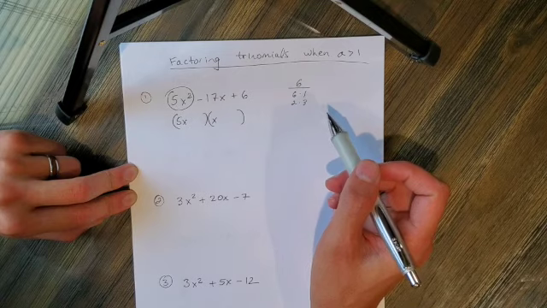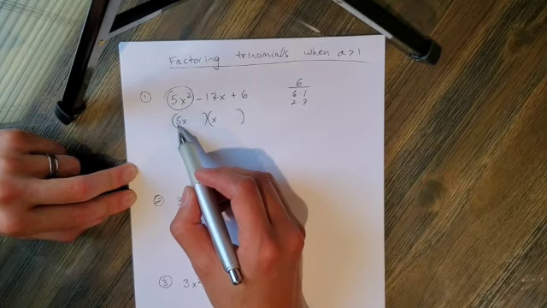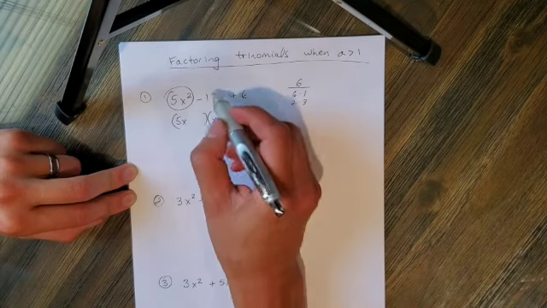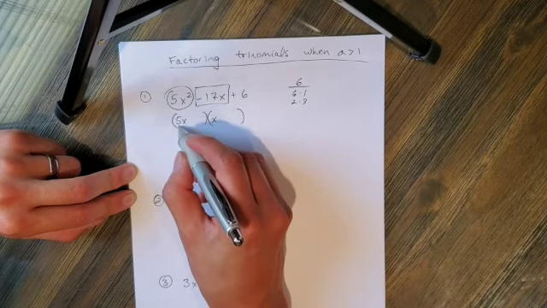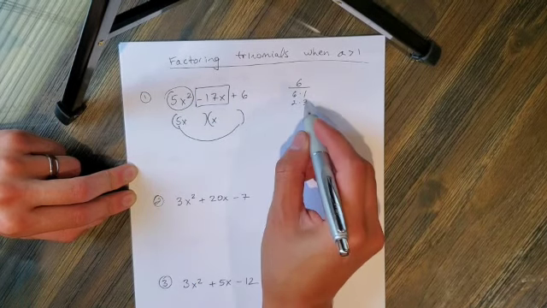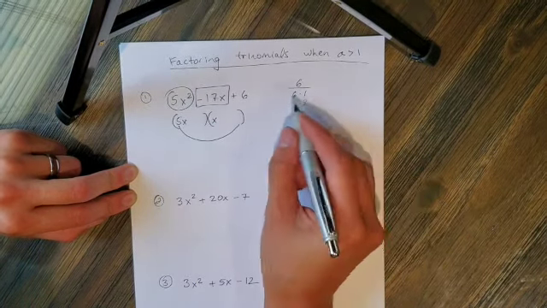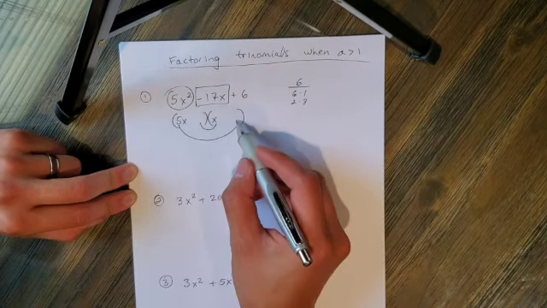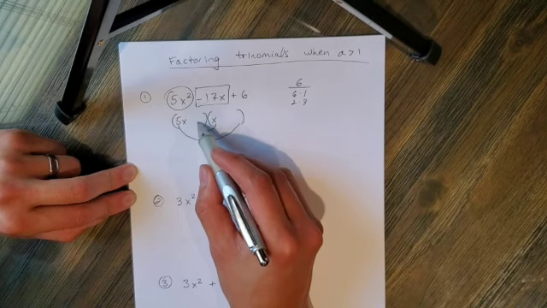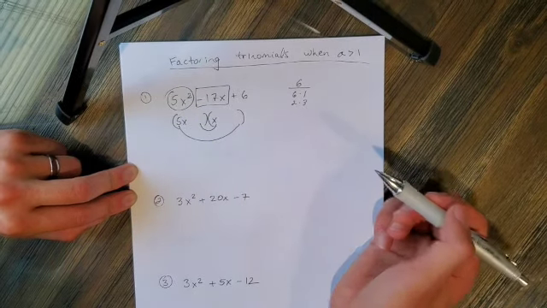And that's because we have to include the 5 that is right here. So, in order to get the negative 17x, we need to make sure that when I multiply the 5 with one number and the other number with x, I get negative 17.